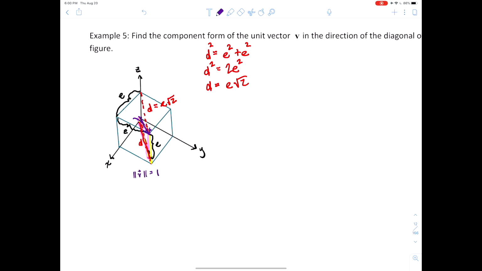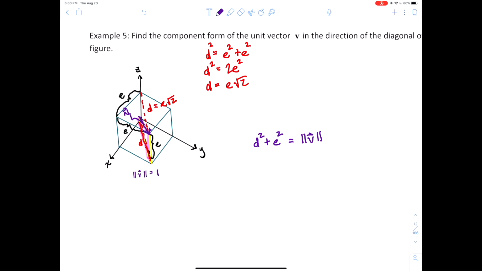This right here was our vector v, okay? And the magnitude of vector v is 1, so just using our right triangle trig, that magnitude is the hypotenuse in this case. So we would have d squared plus e squared is equal to the magnitude of v.